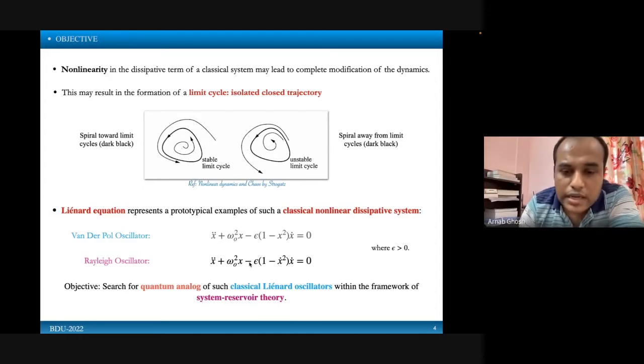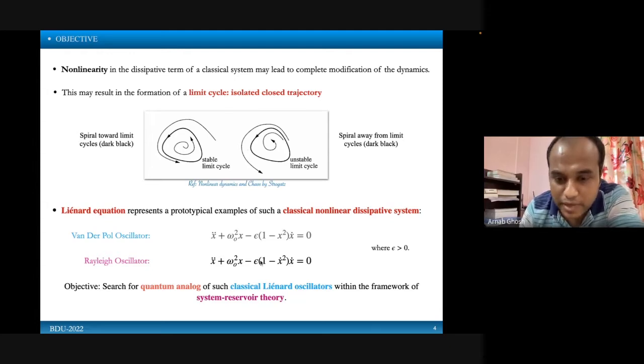Now I should mention at this point that the formalism that I'm going to present is very different from the method developed in our institute's physics department by Sagar Chakraborty and others, which was based on canonical perturbation theory. This is intrinsically very different because I am trying to develop similar equations from the system-reservoir theory. Now, why is it so?